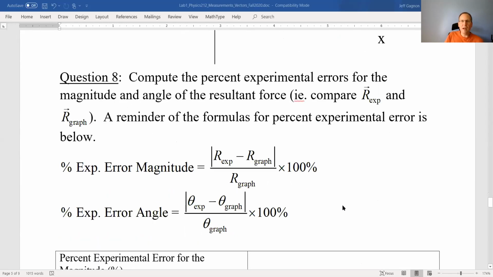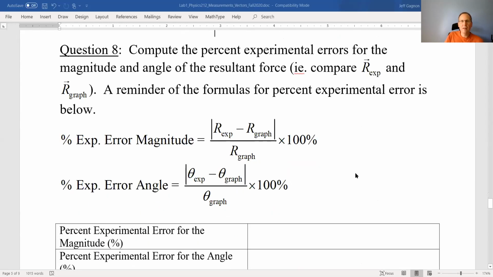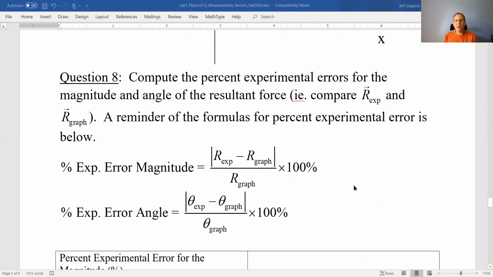Okay, then once you've done that, I want you to compare. So you're going to compute two percent experimental errors. You're going to compute a percent experimental error for the magnitude, in newtons. And do this in newtons, not in centimeters, right? Make sure it's in newtons. And then you want to compute the percent experimental error for the angle, for the direction. So how do we find error?